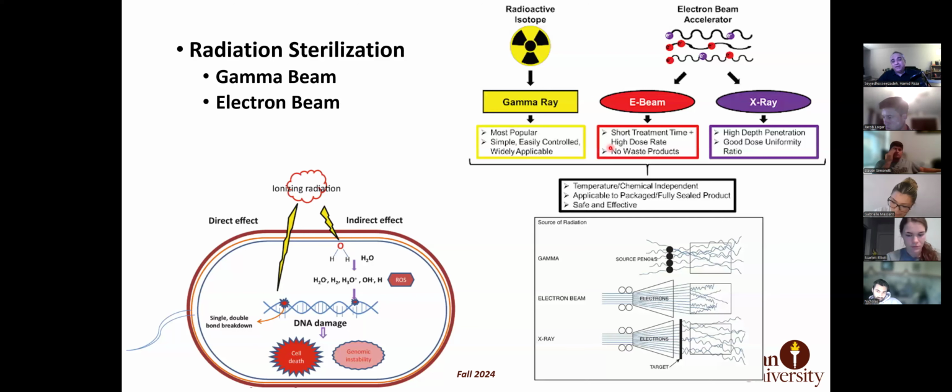Radiation is one of the commonly used methods of sterilization. We use electron beam or gamma ray. You are familiar, electron beams cannot penetrate thick objects and they are absorbed because they are low energy.